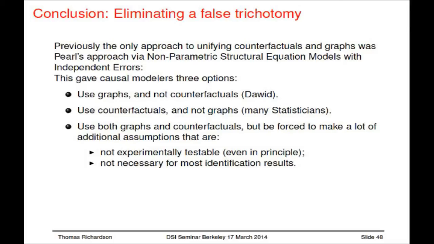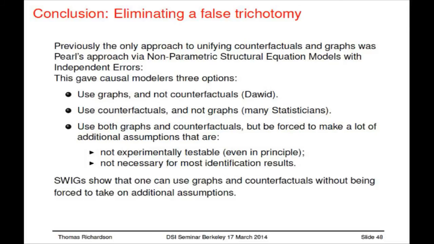It's only for some very special, slightly strange counterfactual quantities of interest where it will make any difference. And so even if I was willing to assume that the errors were independent, I just don't need to bother getting into a debate with someone about it for most purposes. So this basically shows we can use graphs and counterfactuals without being forced to take on additional assumptions.